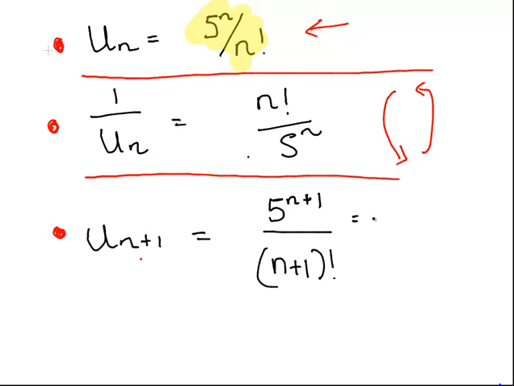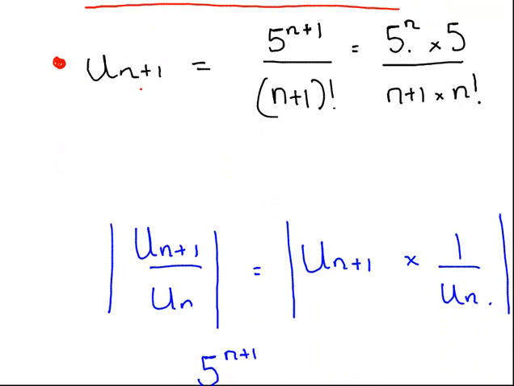Now I'm going to re-express that: 5 to the power of n plus 1 is the same as 5 to the power of n times 5, and n plus 1 factorial is n plus 1 times n factorial. That's going to be important in a while.